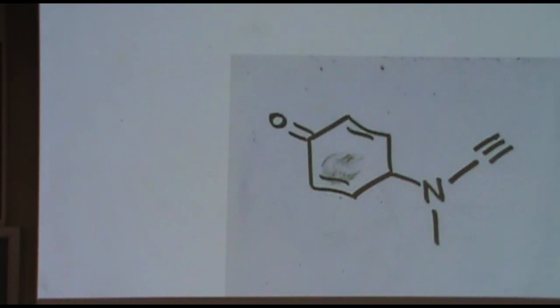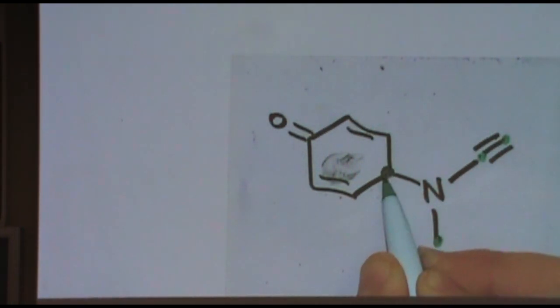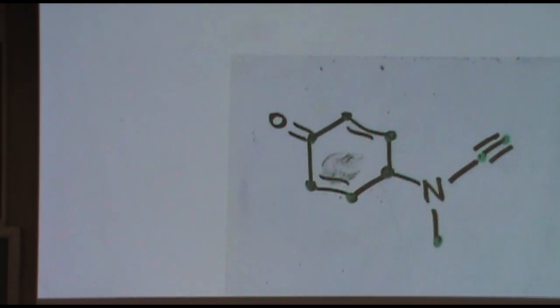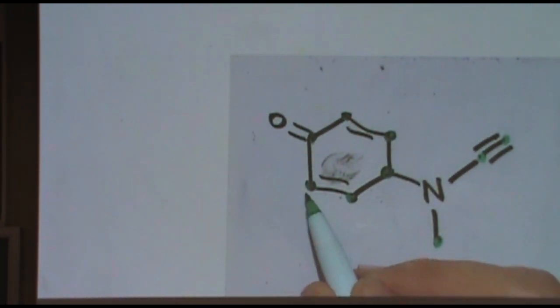All right. For those who want to play along, how many carbons did you get? I think I got 9. 1, 2, 3, 4, 5, 6, 7, 8, 9. Yeah. How many hydrogens? 7.